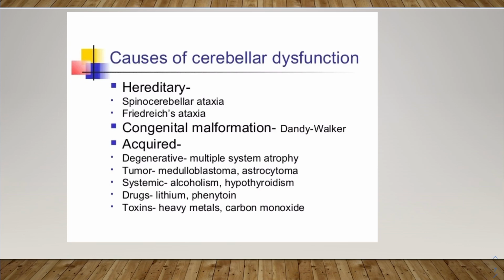And then there are acquired causes: degenerative causes, which can happen in MSA; tumors in the cerebellum, like medulloblastoma or astrocytoma; and systemic causes like alcoholism or hypothyroidism, and some drugs like lithium and phenytoin, and especially exposure to toxins like heavy metals or carbon monoxide. So we have hereditary causes, congenital malformation, and acquired causes.